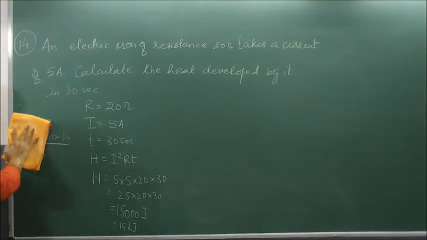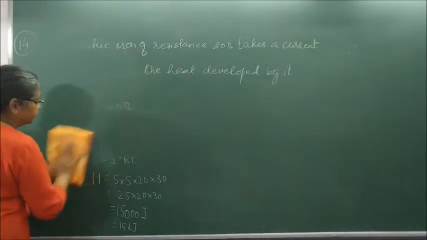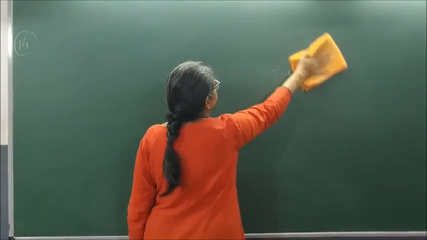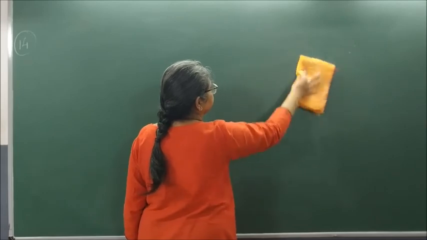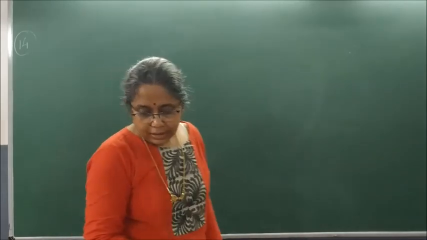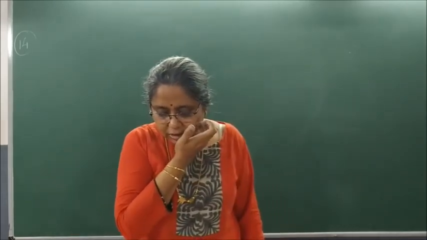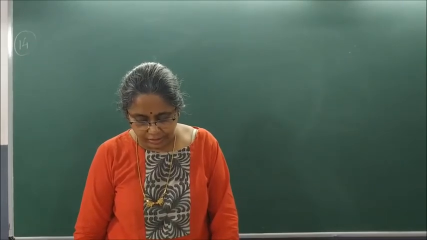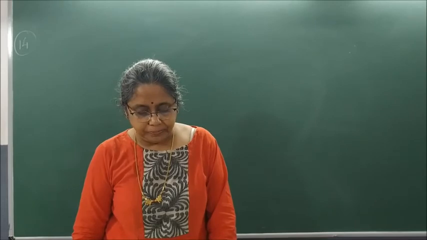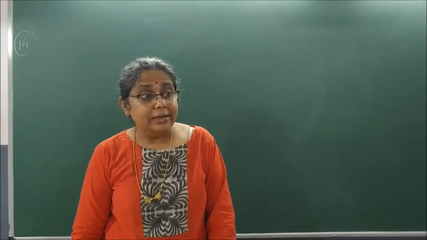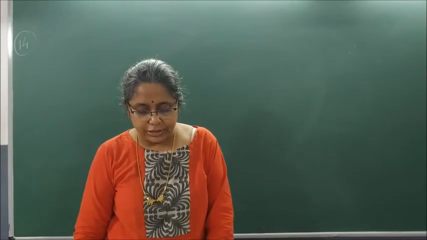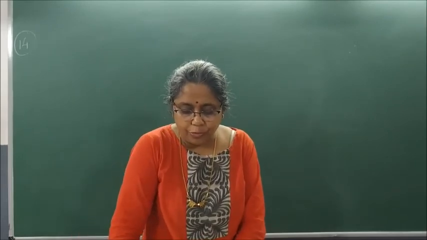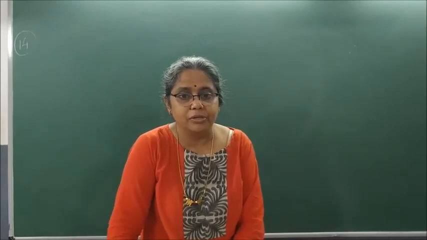Okay, now the next one, the 15th one. What is the highest and the lowest total resistance? Please check once. What is the highest and lowest total resistance with 4 ohm, 8 ohm, 12 ohm and 24 ohms?